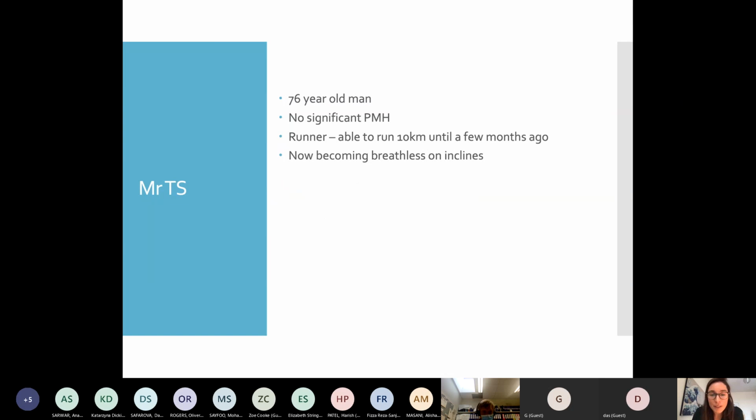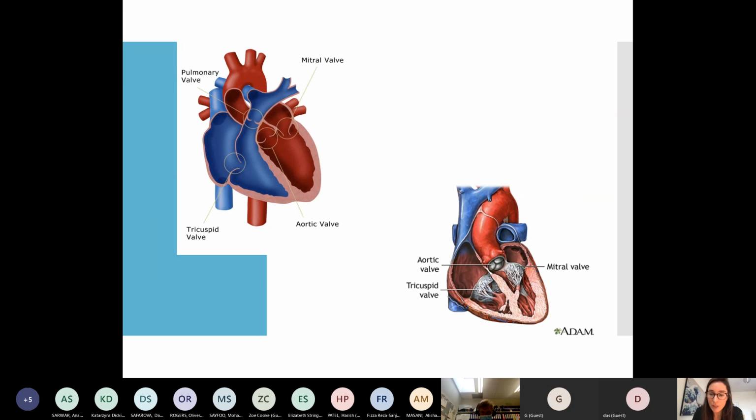Now, I'm just going to flip back to this picture here, and you can see that just above the aortic valve are the coronary arteries, and they provide blood flow to the heart muscle itself.